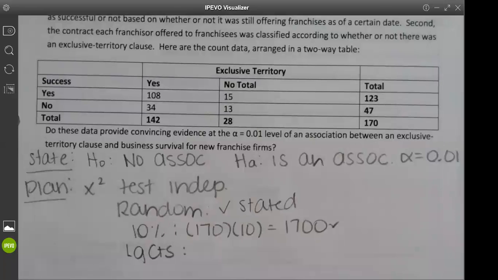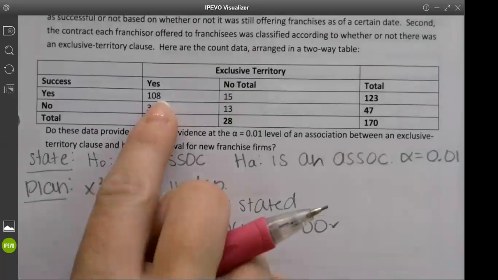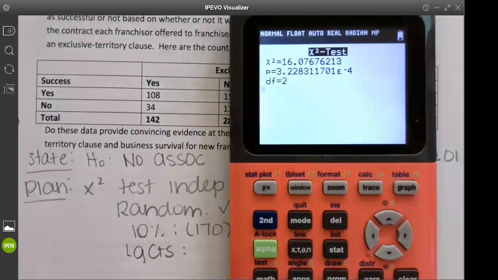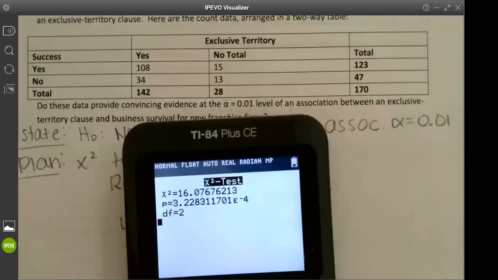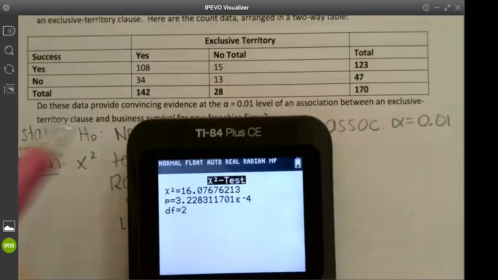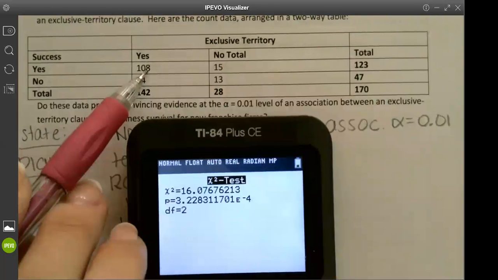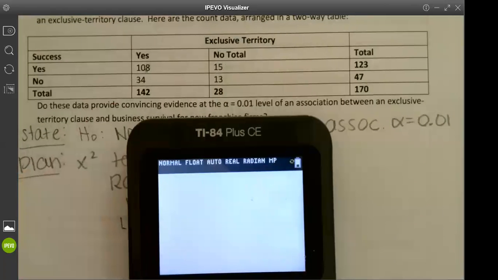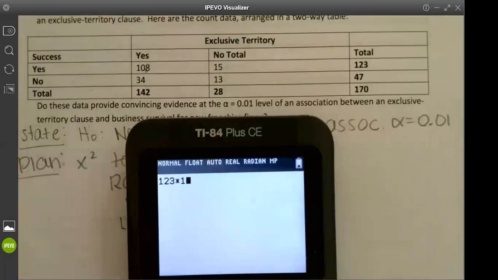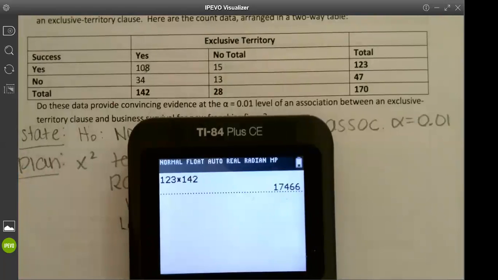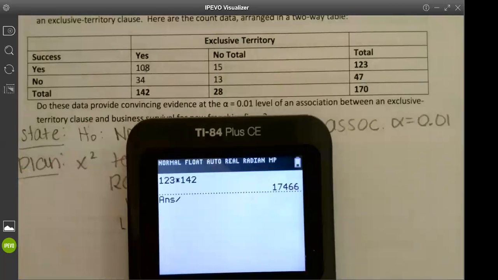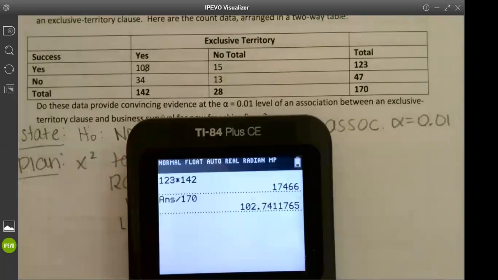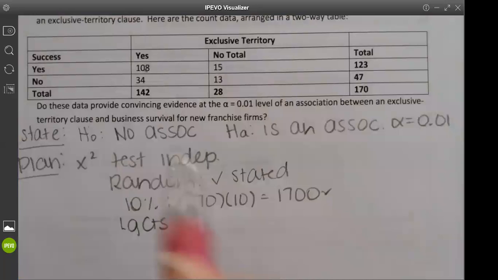So if I were figuring out the first one with this 108, what would I do? Just the 108 right there, and then divided by 170. Yep, they're all right there. So 102.74.